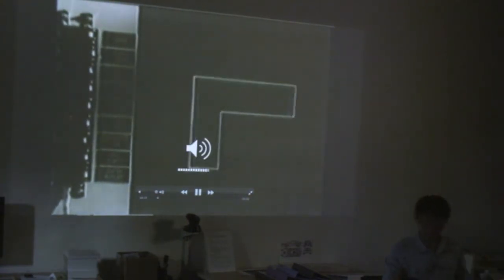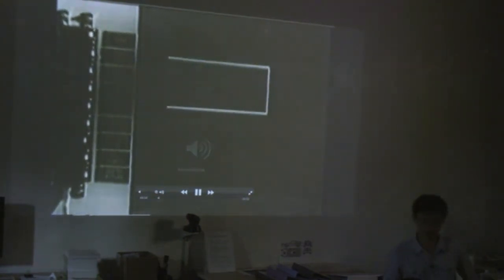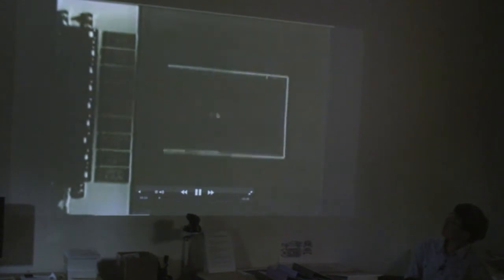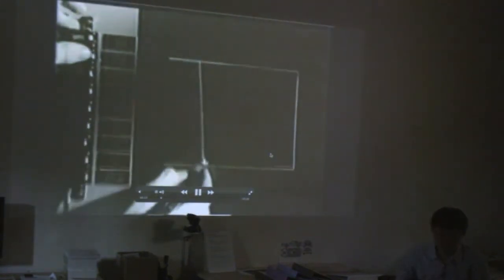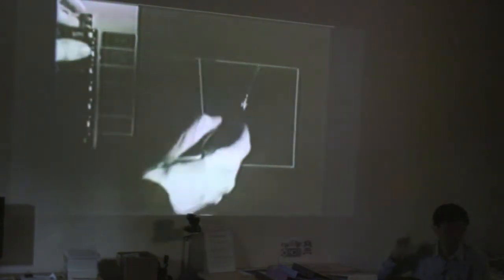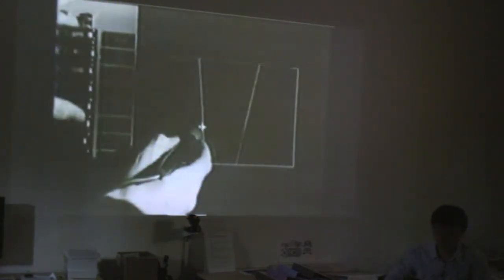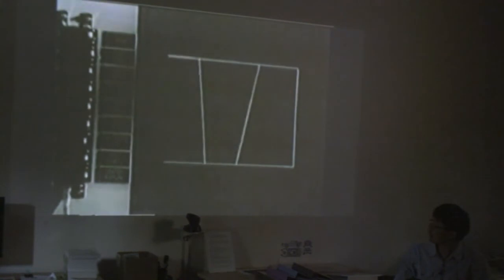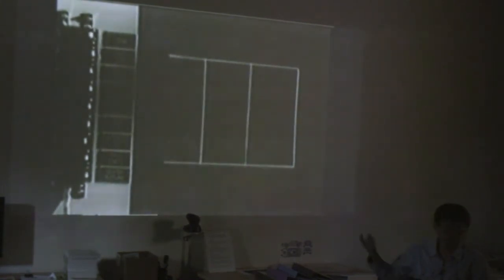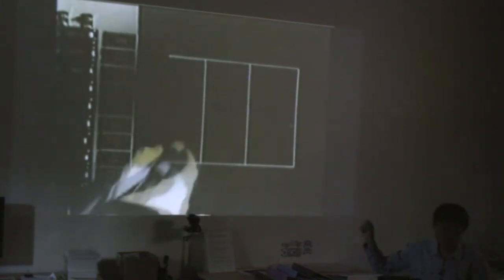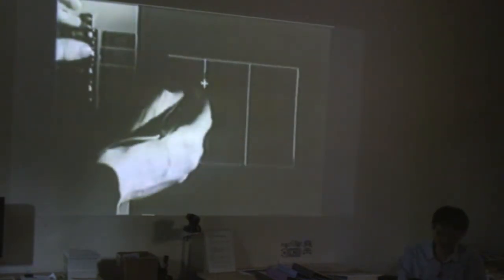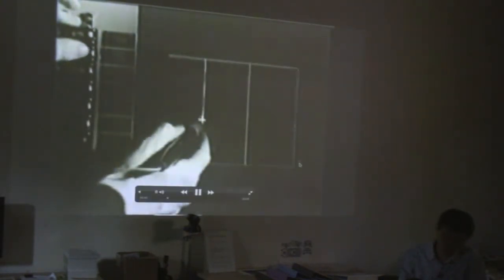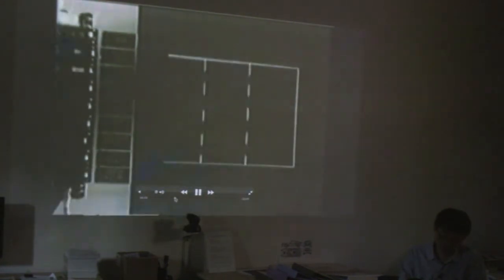And Sketchpad figures it out. As you can see here, it was quite amazing. Although the drawing was very rough, just line drawing, he had this light pen to interactively give input to draw lines, and he was able to even give constraints like make these lines parallel or make these lines perpendicular to each other and so forth.